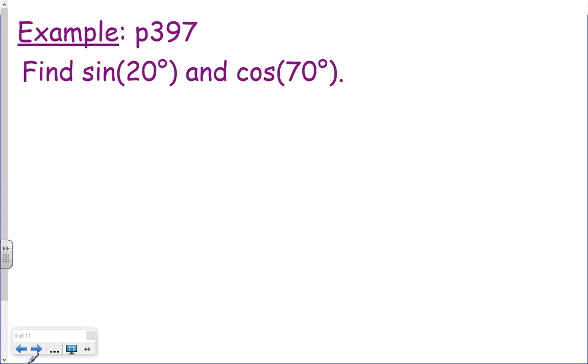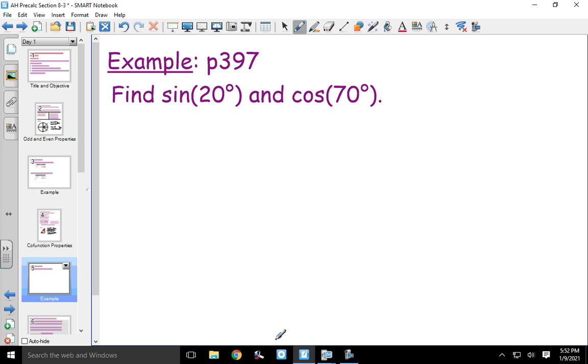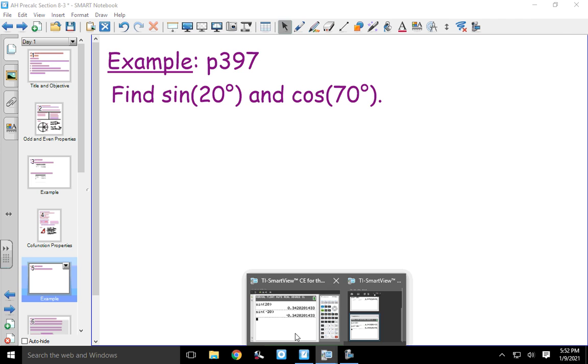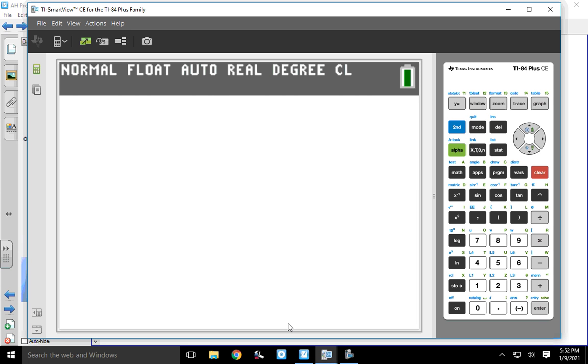All right, so let's take a look at an example here again, just to verify this property. Let's take a look at what the sine of 20 degrees is equal to. And we'll also look at the cofunction to sine, which would be cosine, and the complementary angle to that, so 70 degrees. Let's check to see what we end up with. Again, if this property is true, then that means we better get the same thing when we do this calculation. So let's try that out. Grab your calculator, and let's take the sine of 20 degrees.